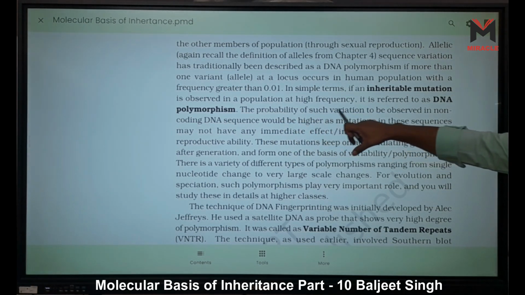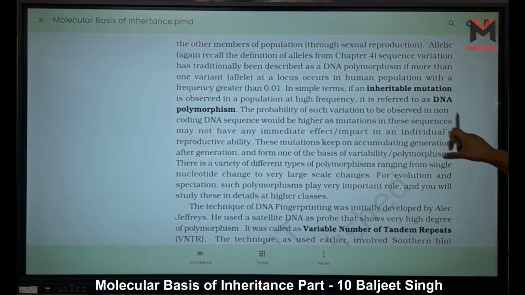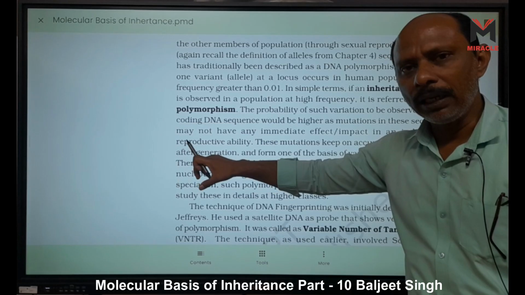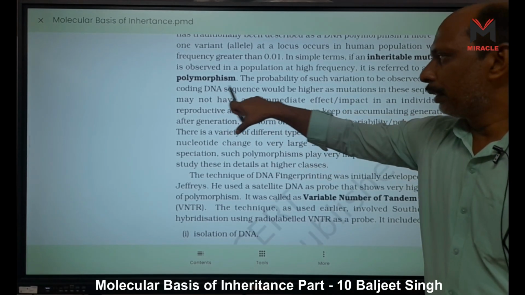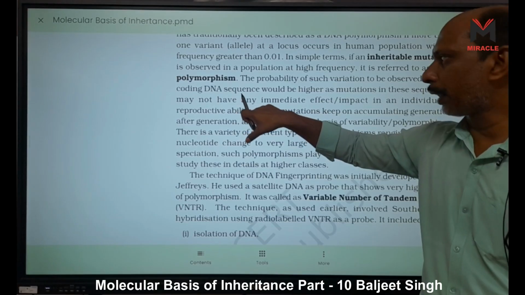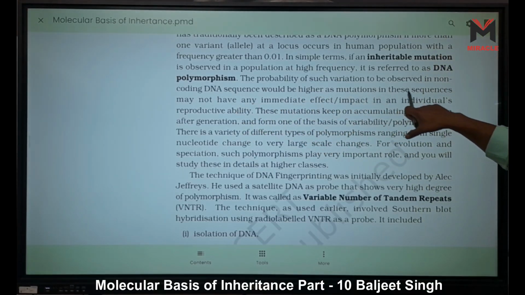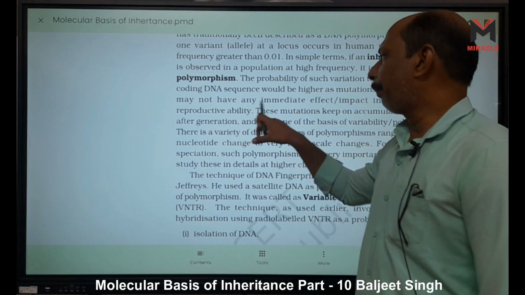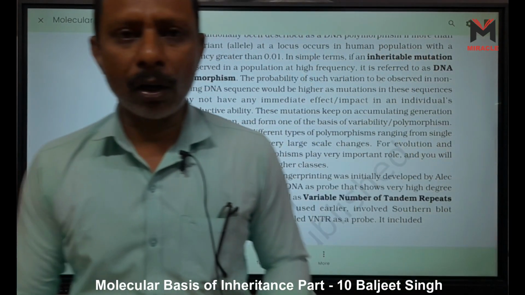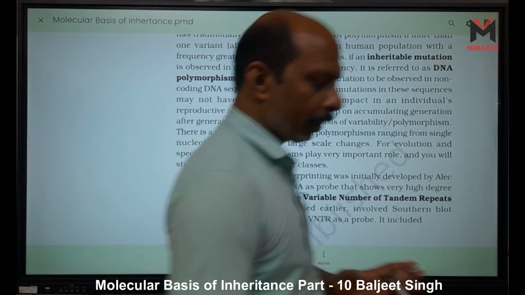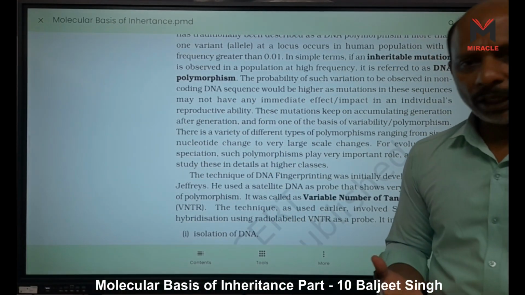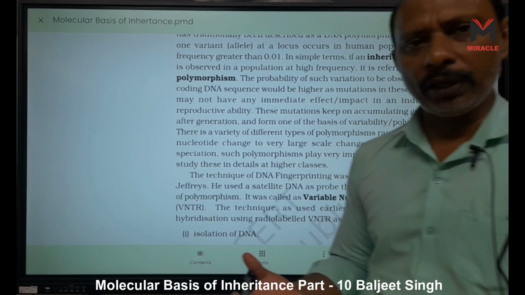The probability of such variation being observed in non-coding DNA sequences, that is minisatellites or microsatellites, would be higher, as mutations in these sequences may not have any immediate effect because they are non-coding. Non-coding means they cannot code any proteins, so no protein means no enzyme, and no enzyme means no phenotype appearance.